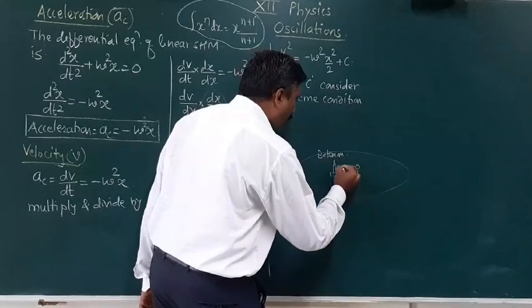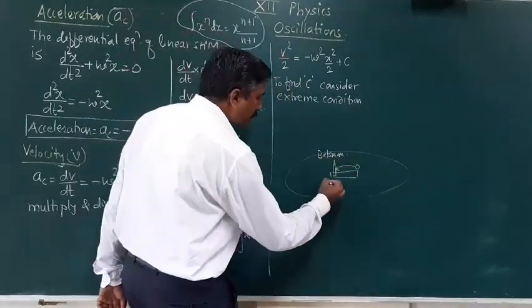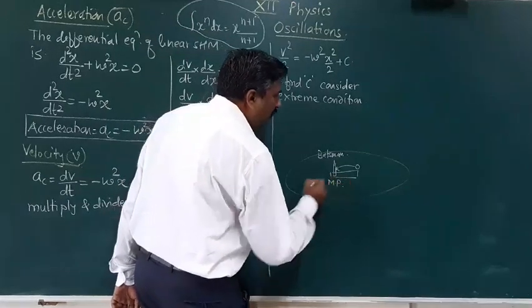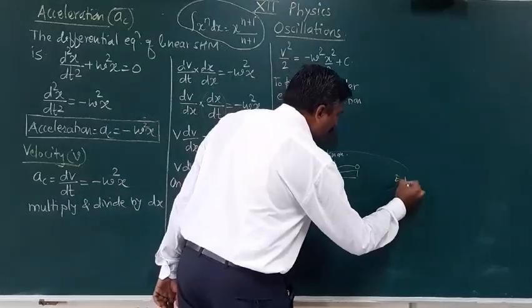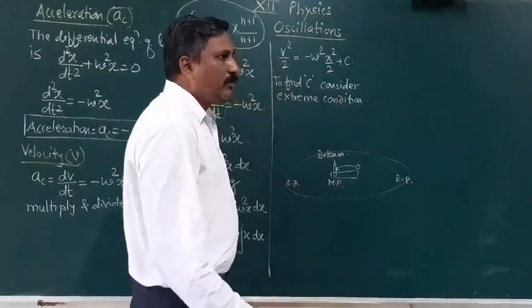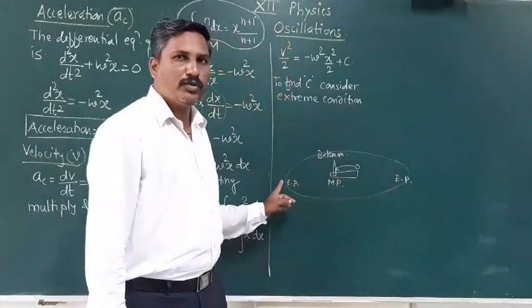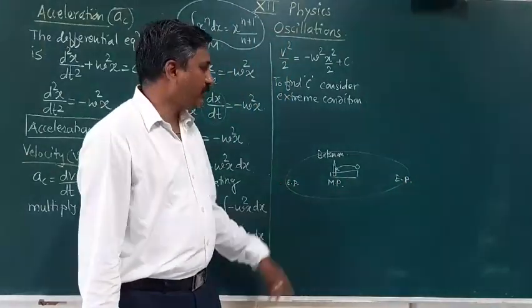The bowler throws a ball. This is exactly the mean position. These are the extreme positions, because the ball moves to this side, or the ball moves maximum up to the boundary.